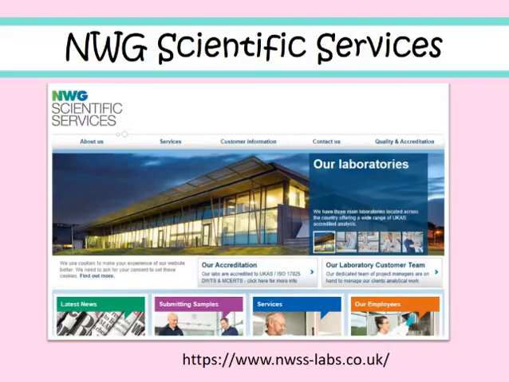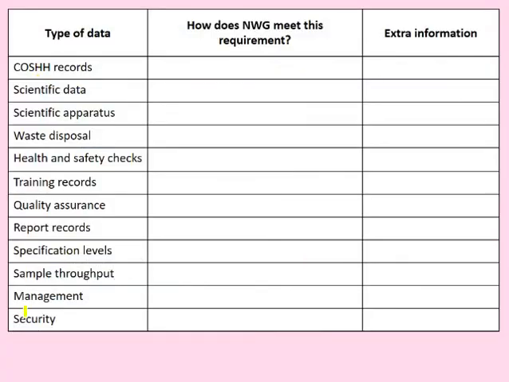So if you have a look at these types of data and have a look at the document on Moodle, you should be able to say whether you think that this company meets their requirement. Can you see any information about the scientific data, about training records, and then this column is for any extra information. Okay, so I'll give you an example now.